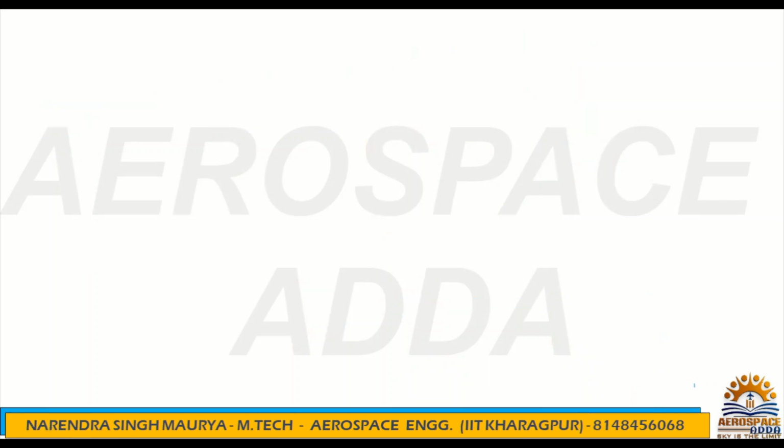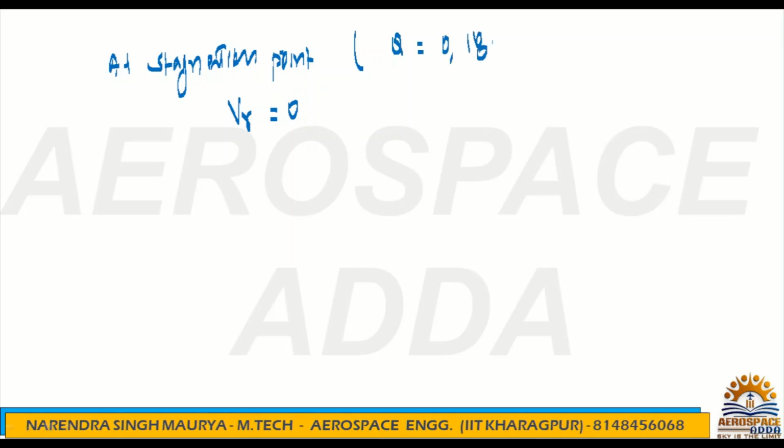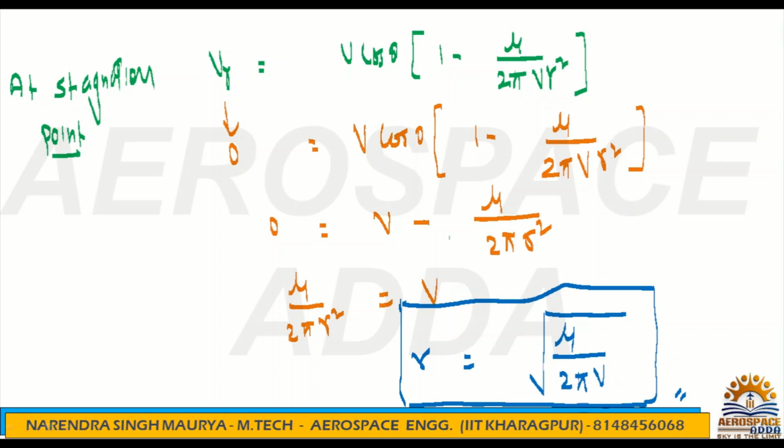Now at the same stagnation point, just have patience, give me 5 minutes, I will show you everything related to this. At the stagnation point, vr will be 0. Because at the stagnation point we have theta equal to 0 and 180, first I took 0 degrees, cos 0, which I showed you.